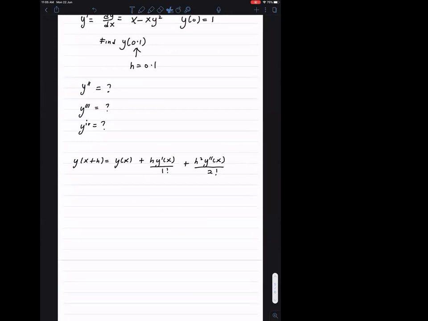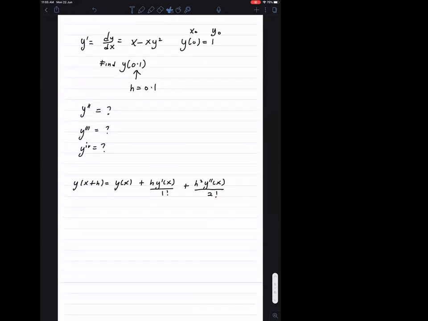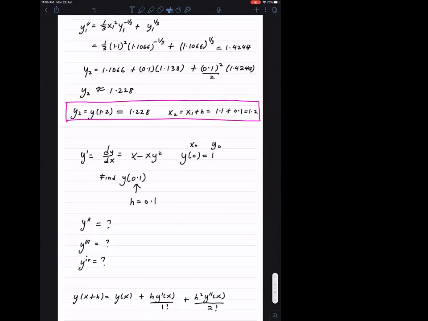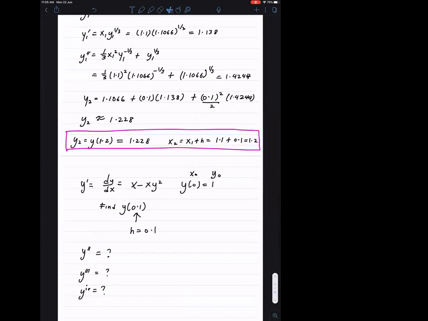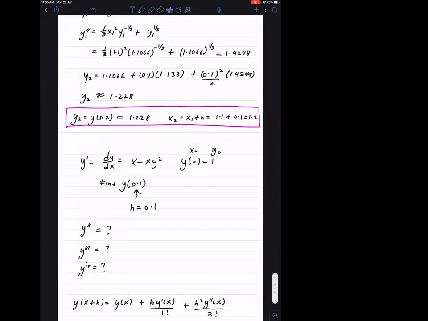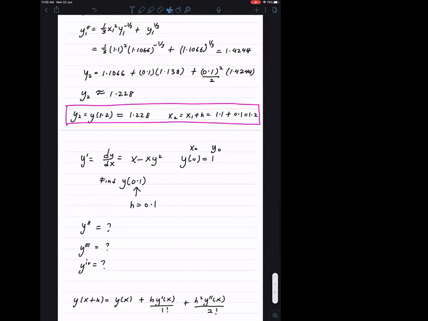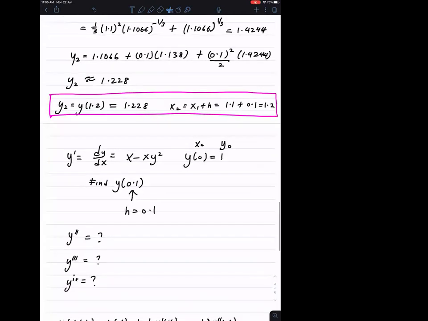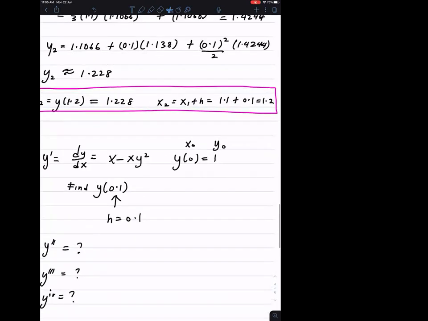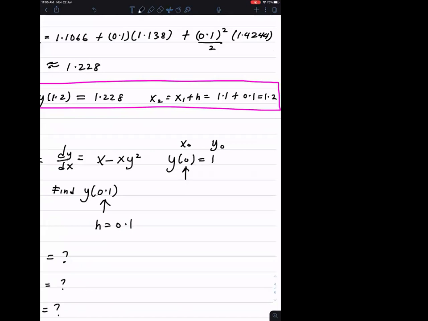Okay, I'm going to change this problem to something else. There's no change because the initial point is 0, right or not? So you're going to use 0 plus 0.1.